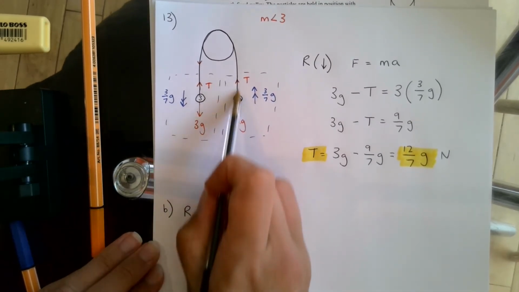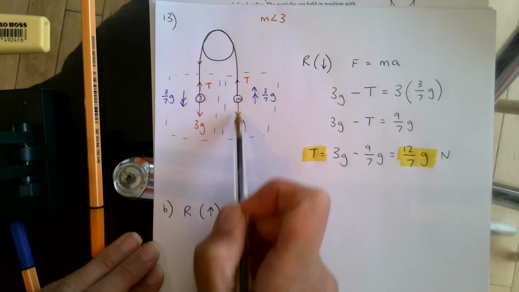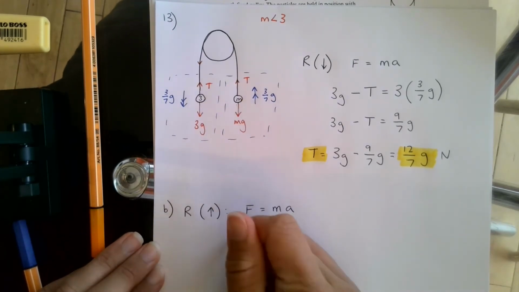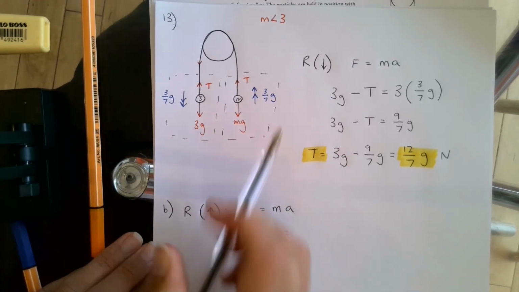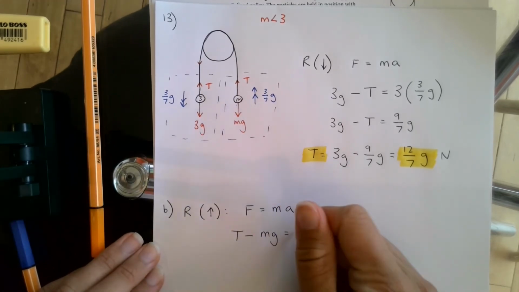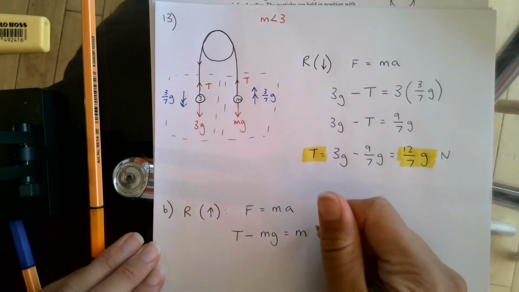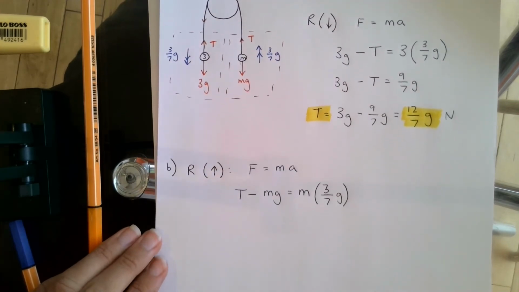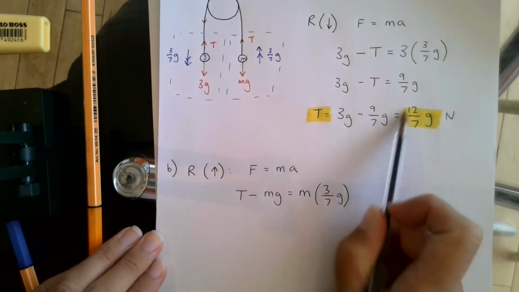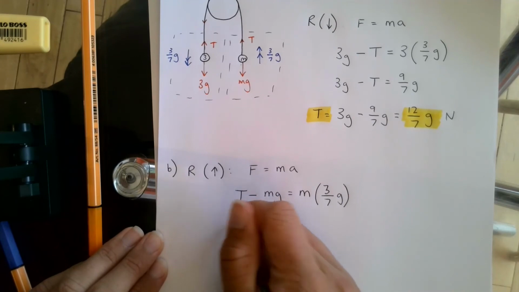Well, the resultant force upwards, I've got T. I need to take away mg because that's going downwards. So T minus mg is equal to the mass, which this time is just m, times the acceleration, which is 3/7g. Sorry, I almost wrote a 7 there. 3/7g.